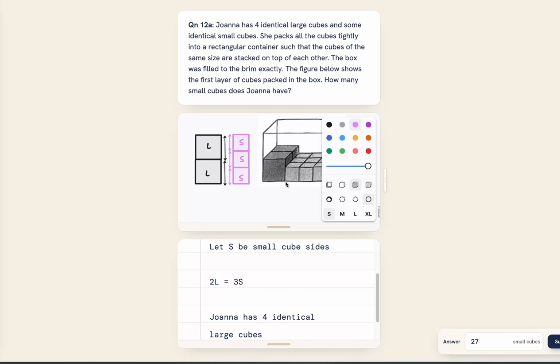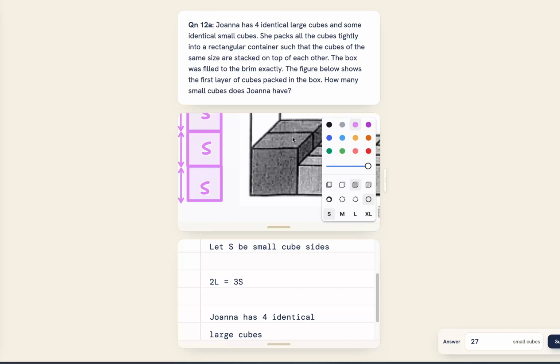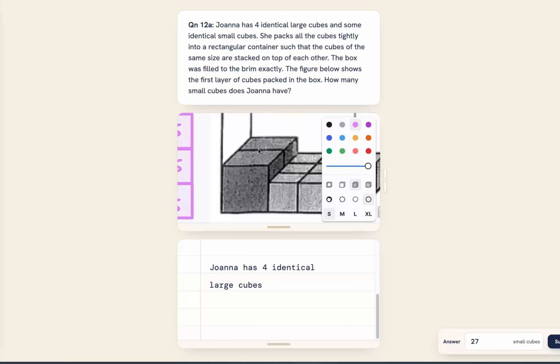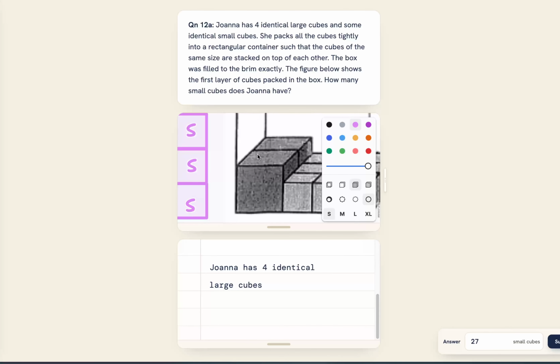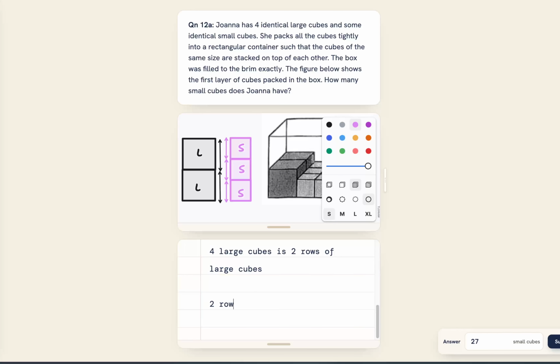We have 2 large, so 1 row of large is 2 large, and if we have 4 large, that means 2 rows of the large cube is equal to 4 cubes. So 4 large cubes is 2 rows of large cubes, which means that 2 rows of large cubes is equal to 2L.